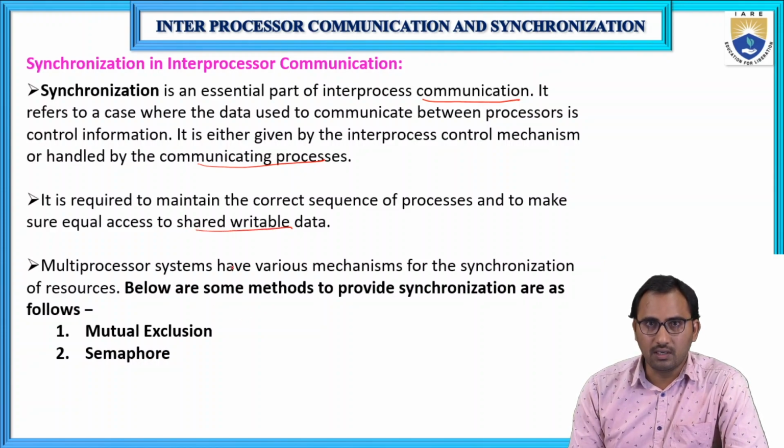Multiprocess systems have various mechanisms for synchronization of the resources. Mainly we are using these two types of methods: first one is mutual exclusion and second one is the semaphore. By using these two, we can provide some synchronization.